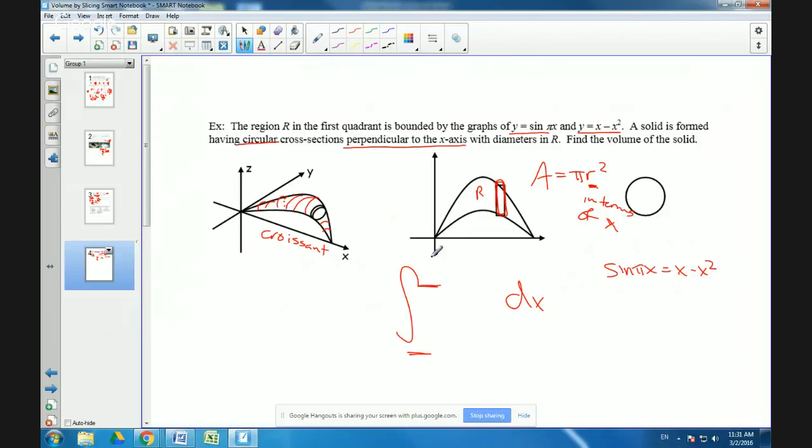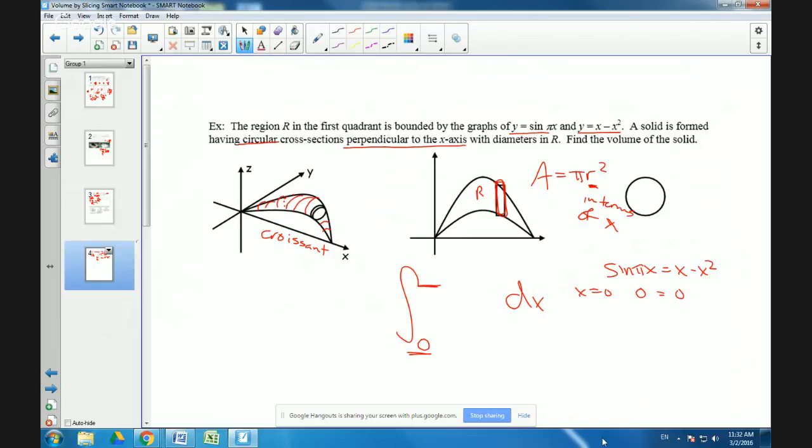Okay, so plug 0 in. Does it work? Yes. Sine pi times 0 is 0. Because I thought that might be an intersection. Okay, so true.